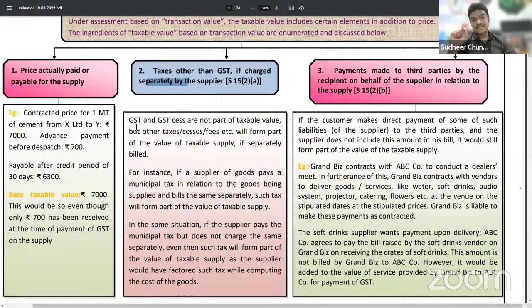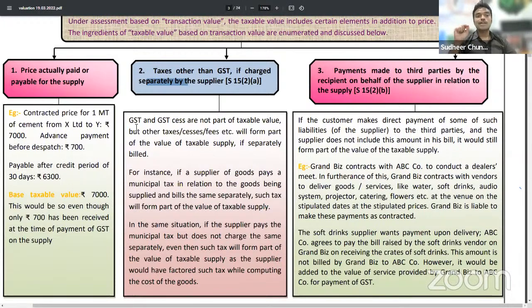Plus additionally 50,000 municipal tax also. Sir, generally who has to pay municipal tax? Generally from whom does the municipal authority recover municipal tax? From the owner. That means it is the owner's obligation to pay municipal tax. If that municipal tax is being paid by the tenant, that means the obligation of the owner is being paid by the tenant.